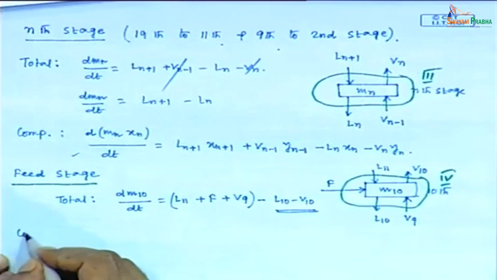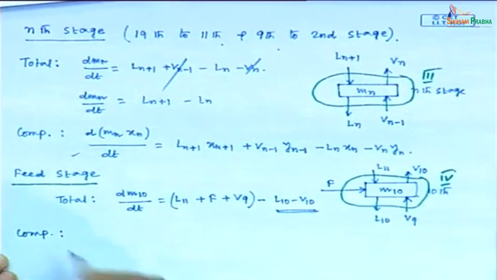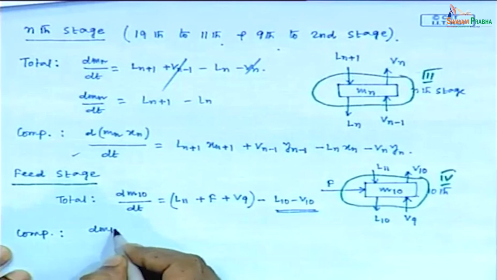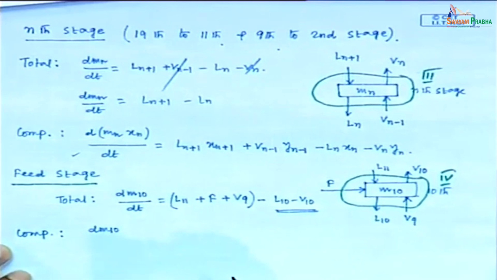It is straightforward to write the component mass balance equation, just multiplying the flow rates with their composition. In the accumulation term, we have to multiply the hold up with composition.